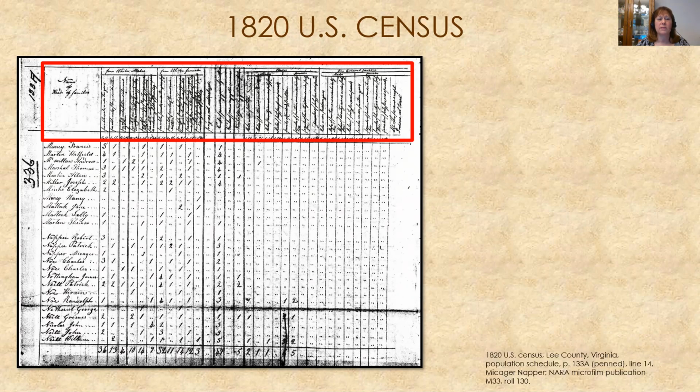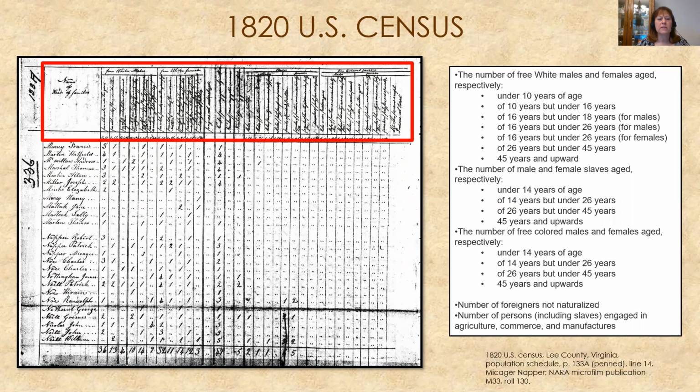But you can see that the number of columns, the amount of information collected by the census taker, was definitely expanded for 1820. The questions now included age groupings for not only free white males and females, but also for male and female slave inhabitants and male and female free colored inhabitants. All other persons except Indians not taxed were still listed in one undivided category.